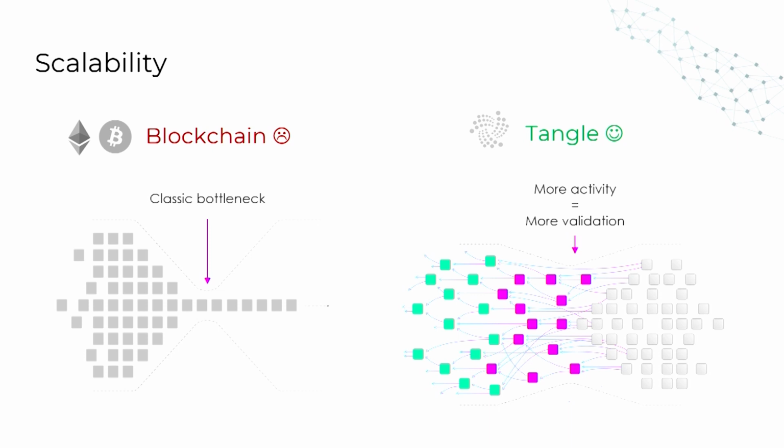In the tangle, since we can attach transactions anywhere in the network, in theory more activity also guarantees more validation and more throughput. Obviously this is in principle, because additional validation checks are needed in the network to guarantee security. But in our opinion, this leads to potential further scalability.